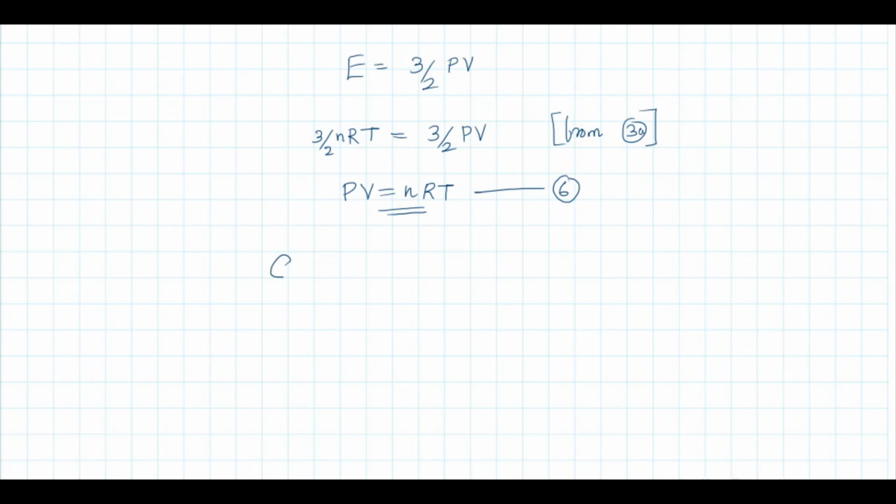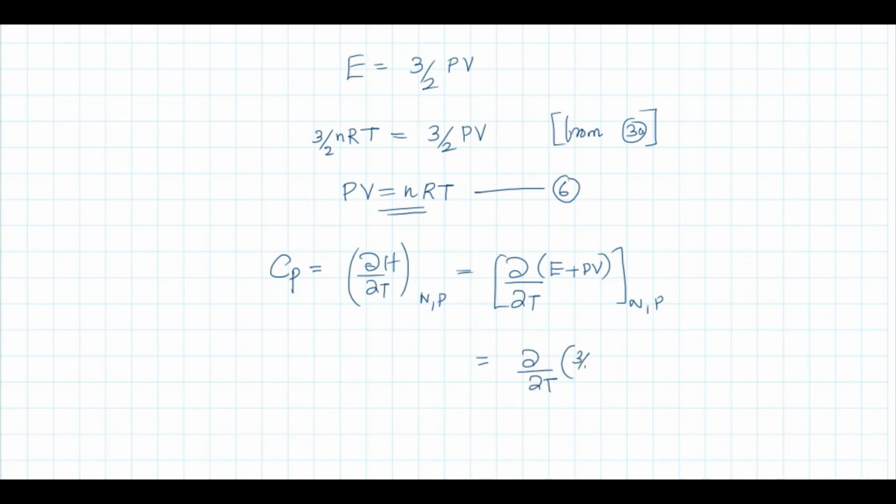Now I can calculate the specific heat at constant pressure, Cp. That is nothing but ∂/∂T of the enthalpy at constant N and P. What is enthalpy in terms of energy? It is E plus PV. E is actually 3/2 nRT, and PV is nRT.